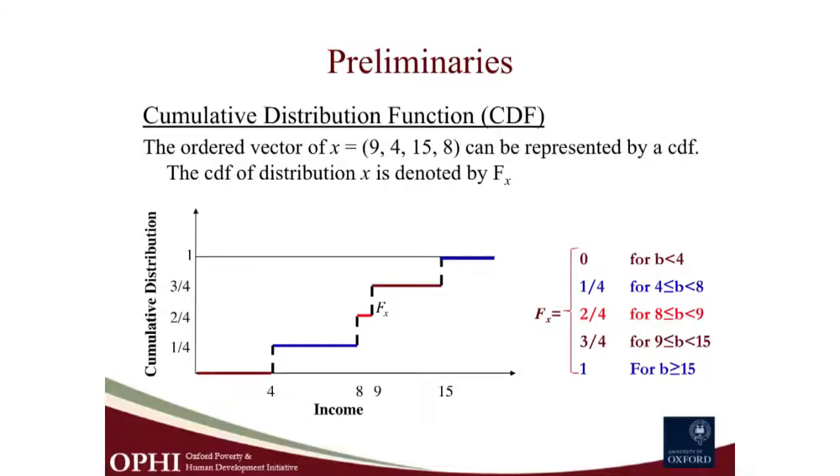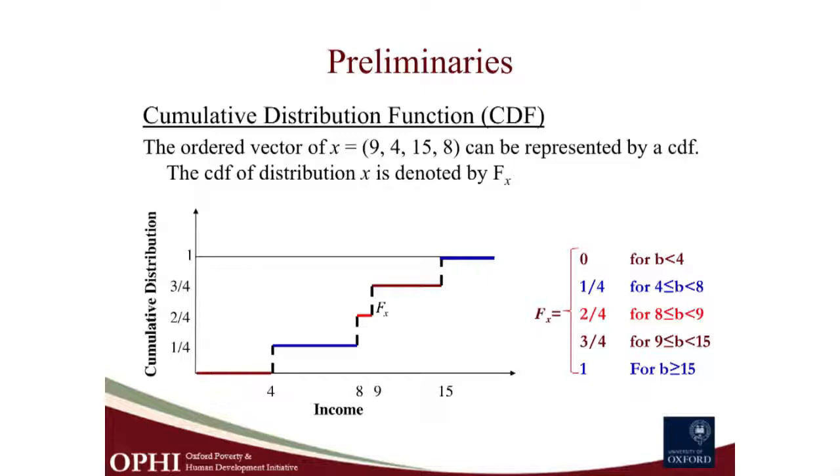Now if we want to denote the distribution, what it says is how many people. Say b denotes a particular level of income. If b is less than 4, how many people have income less than 4? None, so 0. How many people have 4 less than or equal to b less than or equal to 8, that means b between 4 and 8? 1/4.